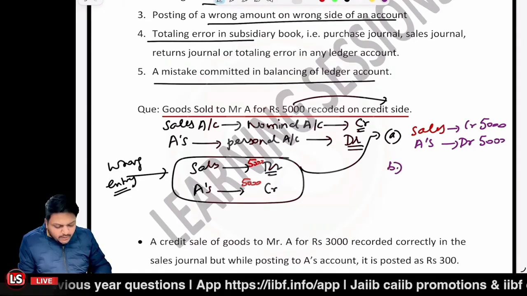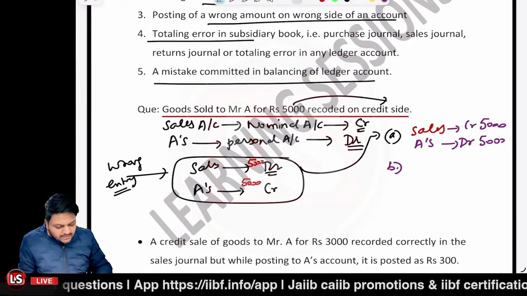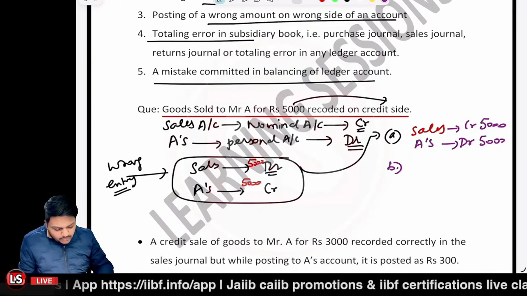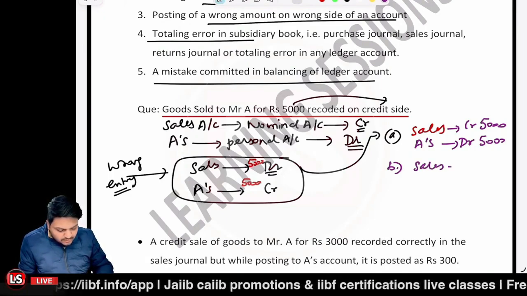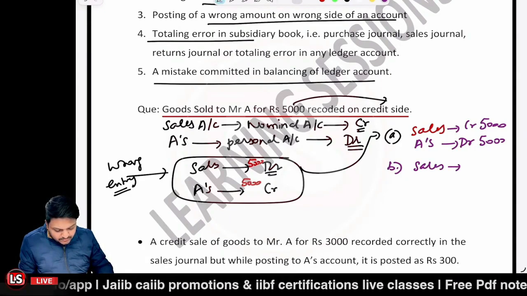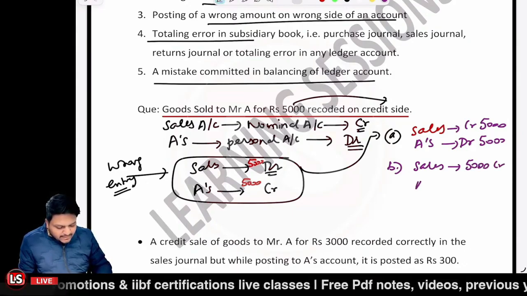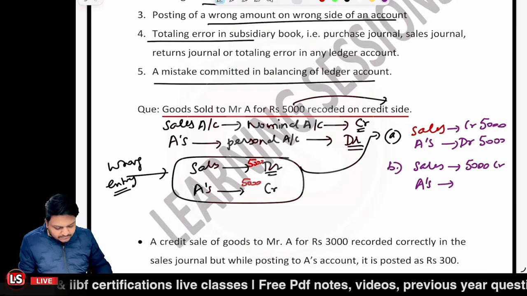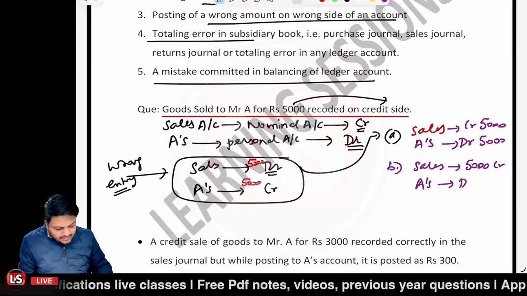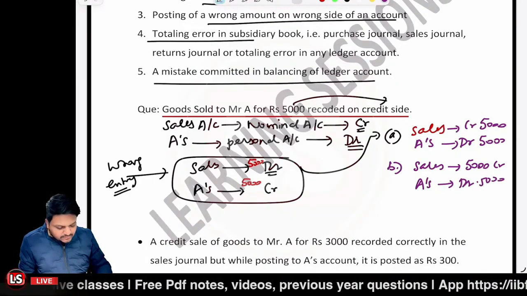The second would be related to posting the correct entry. That would be that the sales account is to be credited with 5,000 and A's account is to be debited with 5,000, right?